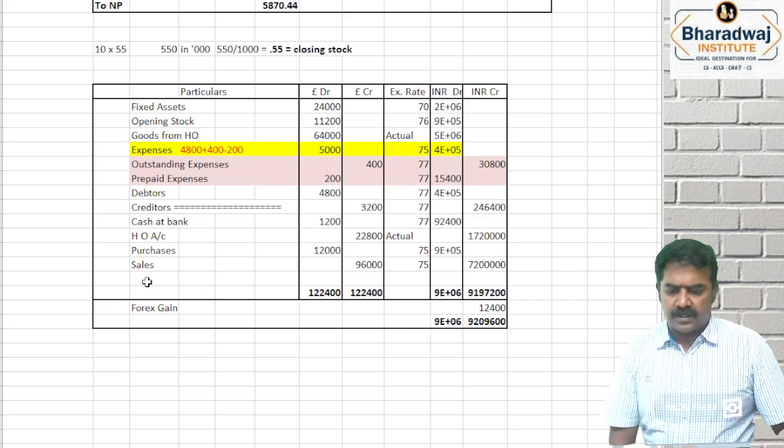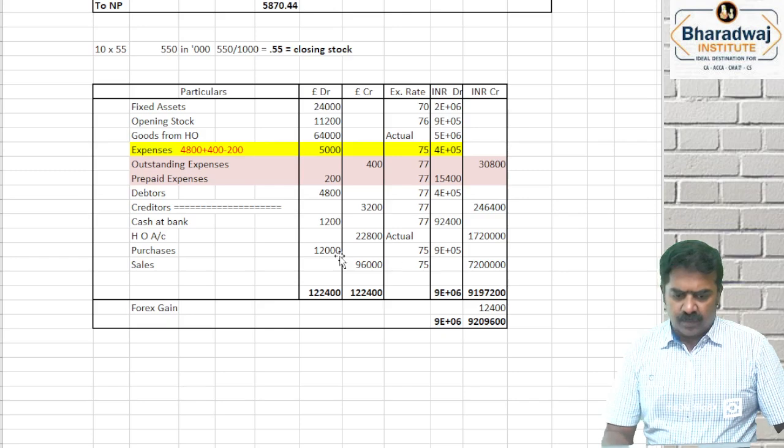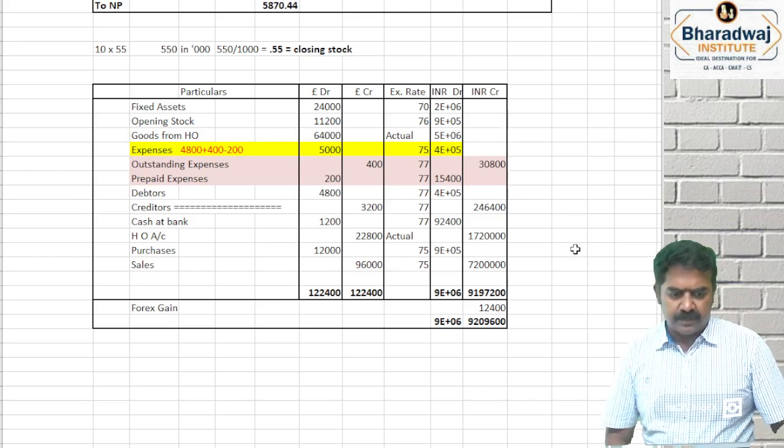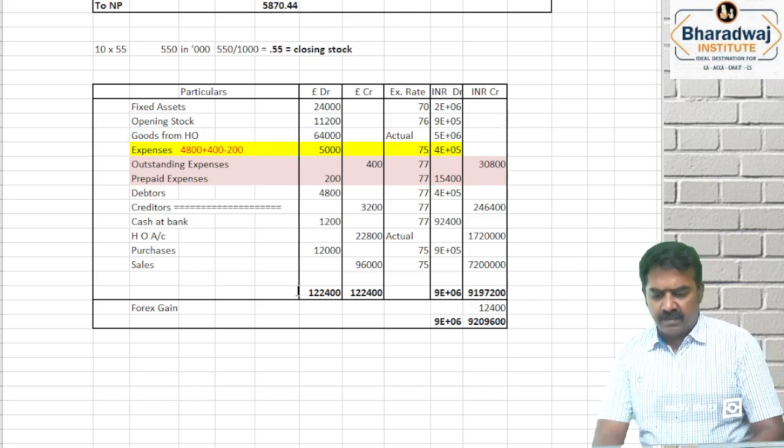How 120%? Cost is 100. Invoice price is 20 extra. So invoice price of the stock is 120%. How much will it be? 2,70,000.